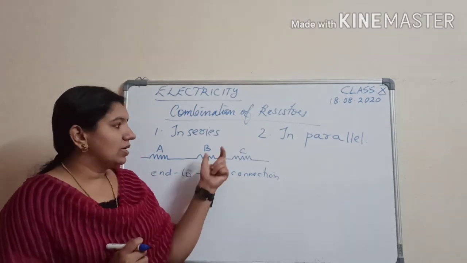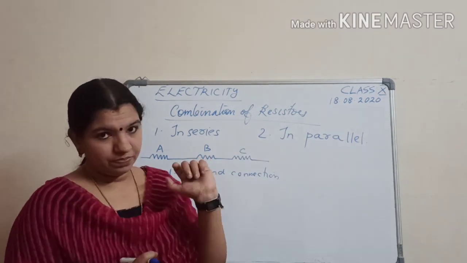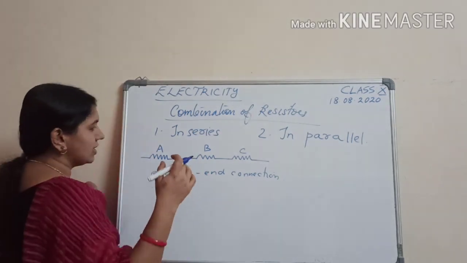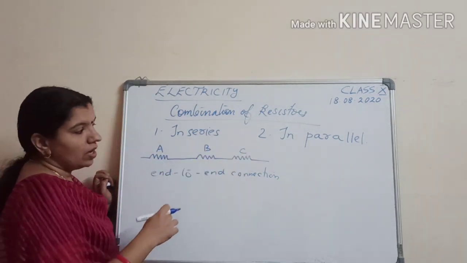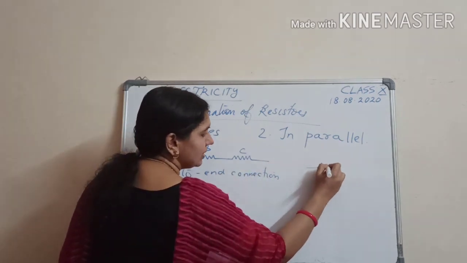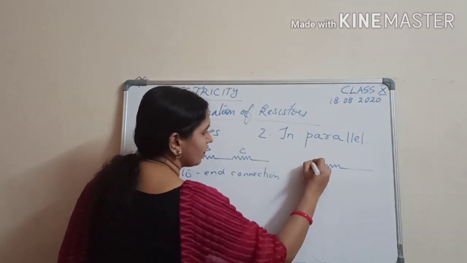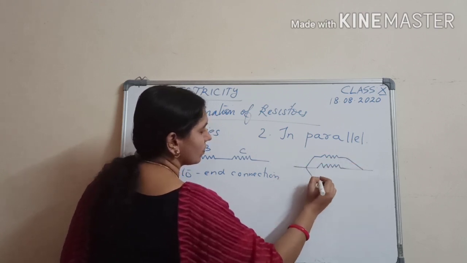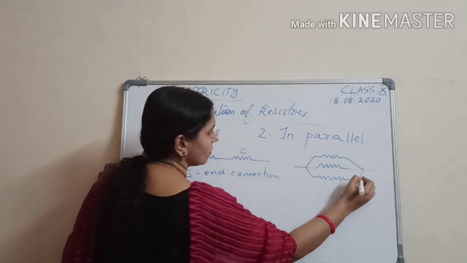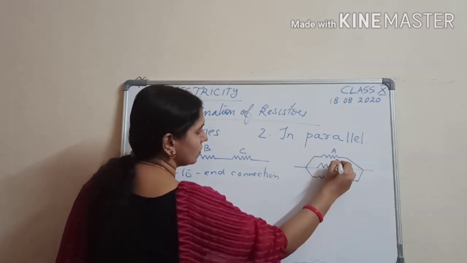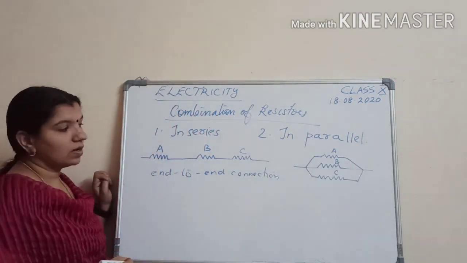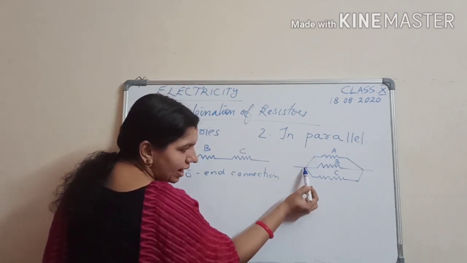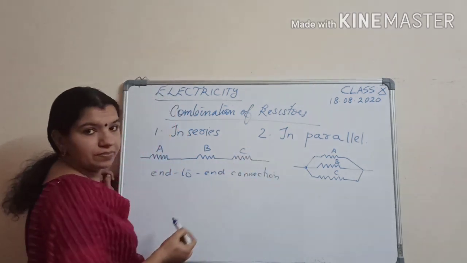Understand? Now, in the second case, parallel. Parallel means, again, if you have three resistors with you, three resistors are given, A, B and C. Now, if I am connecting like this way, look here, all the ends, these ends are connected to a single point.